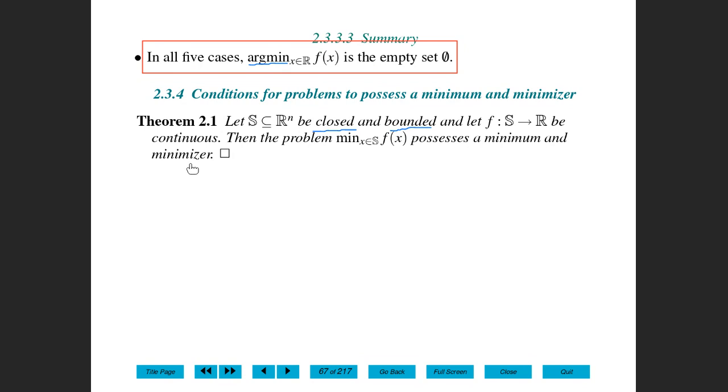So the problem possesses a minimum and minimizer. How to find the minimum and minimizer is a different story, and we would be talking about that later on. But the objective has a minimum, and if there is a minimum, obviously there is a minimizer.